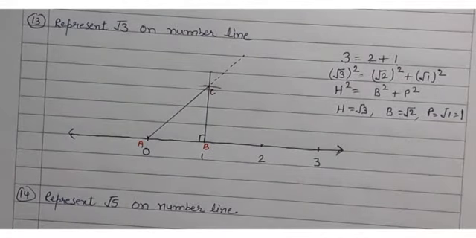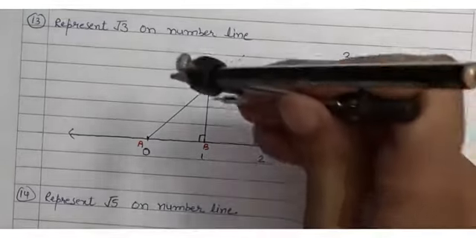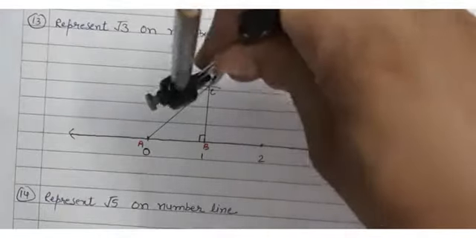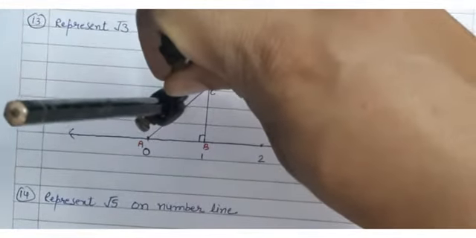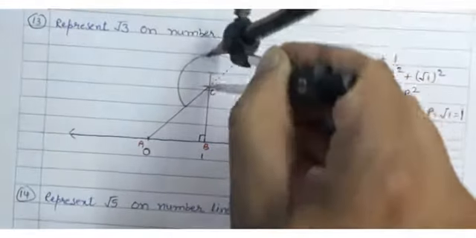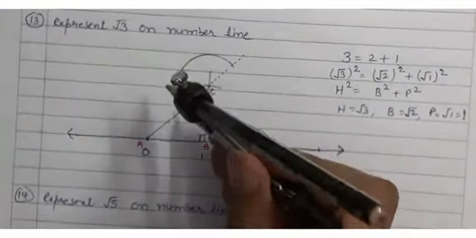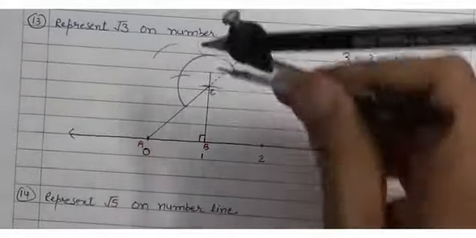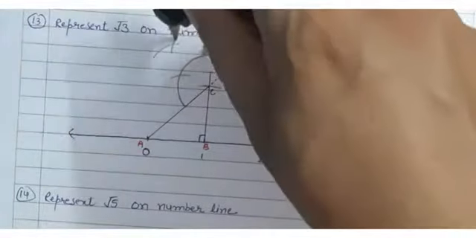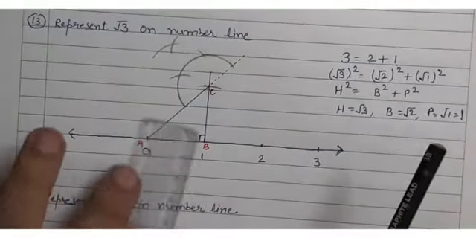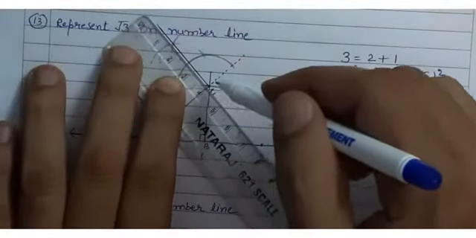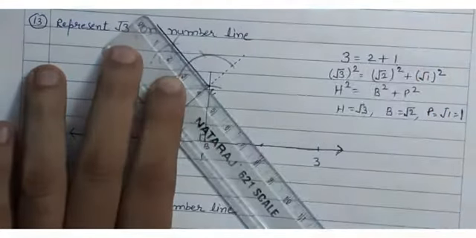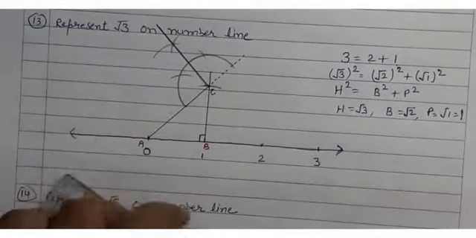Okay, now I am going to draw one more 90-degree here on point C. I am taking any arc, drawing any arc here like this, then like this. Now I'm going to draw this here like in this way. Okay, this is the thing.